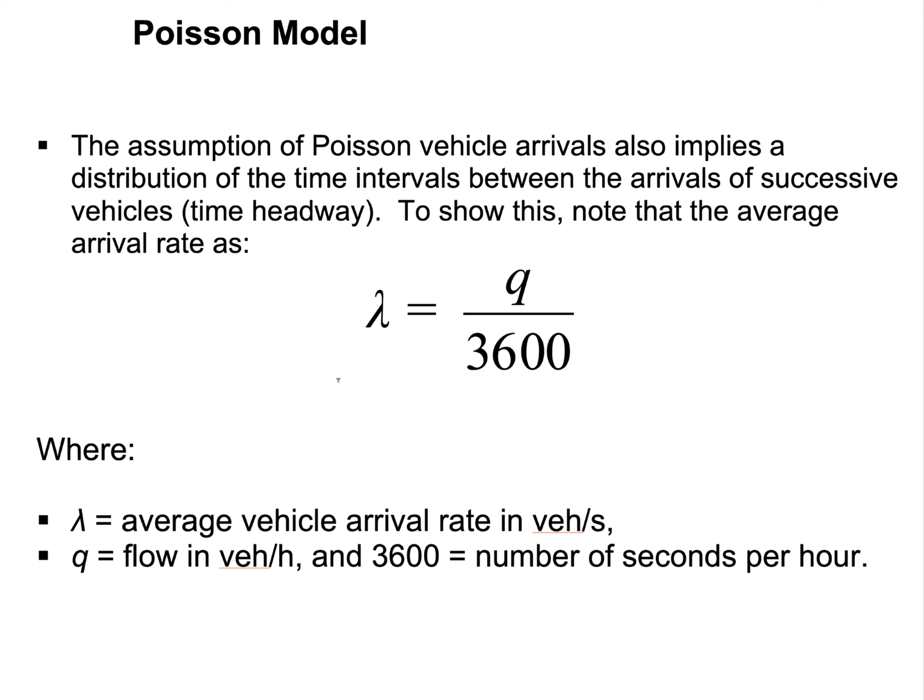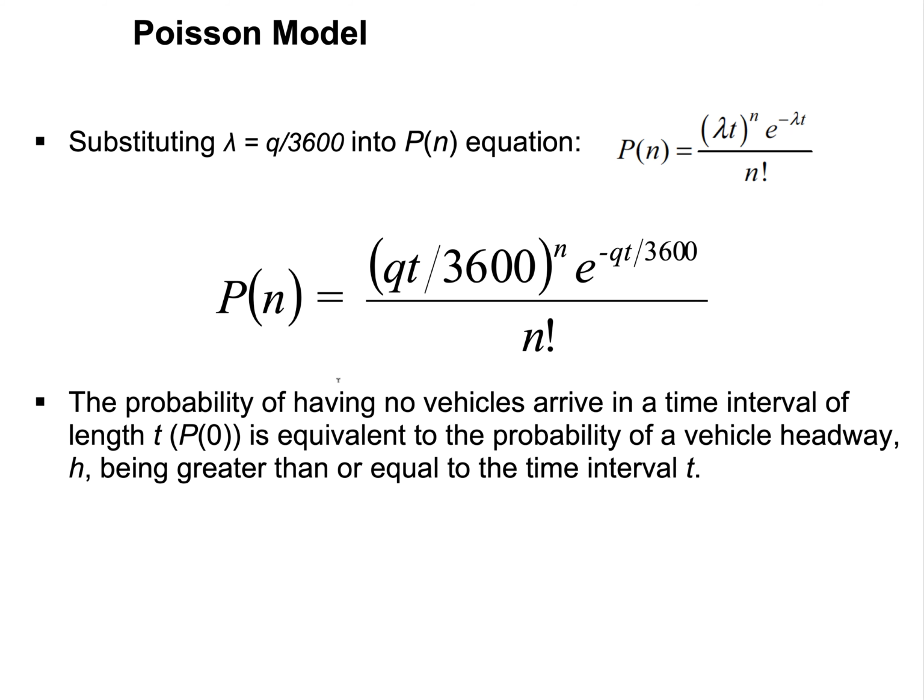So we get lambda in vehicles per second, since q is presented in vehicles per hour, and 3600 is the number of seconds per hour. We can substitute lambda equals q divided by 3600 into equation 5.23, and we rewrite it like this. The probability of having no vehicles arrive in a time interval of length t is equivalent to the probability of a vehicle headway h being greater than or equal to the time interval t.